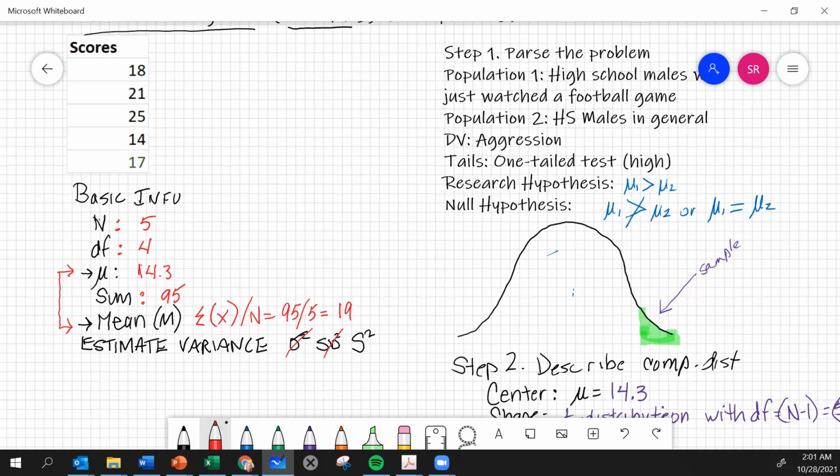The way we estimate s squared is we start by getting the sum of squares, which is the sum of squared deviations. We're going to do this up above. I find this the easiest way because I'm so familiar with Excel. I write the sample mean in a column, then figure out the deviations, x minus M, in the next column.